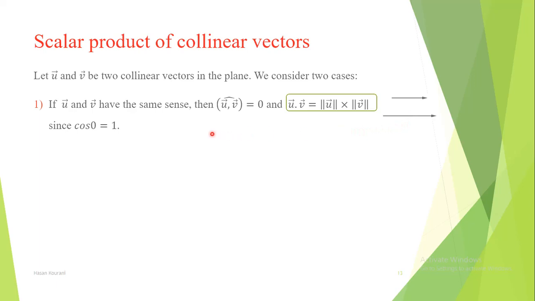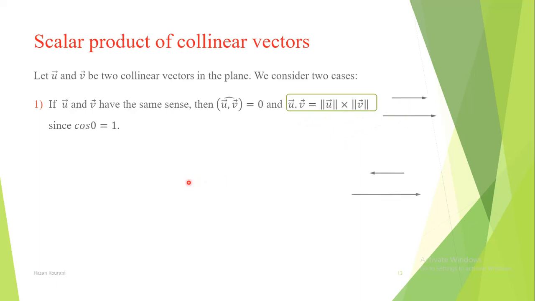From previous videos we saw that the geometric angle will be 0 in fact, and using the geometric definition of scalar product, u dot v will be magnitude of u times magnitude of v times cosine alpha, or cosine 0. In this case, cosine 0, as you know, using calculator is 1. So the result will be u dot v equals magnitude of u times magnitude of v. We can directly apply this as a rule in case we have two vectors of the same sense.